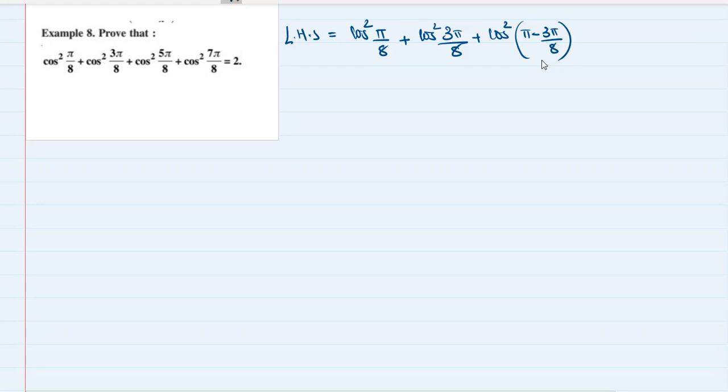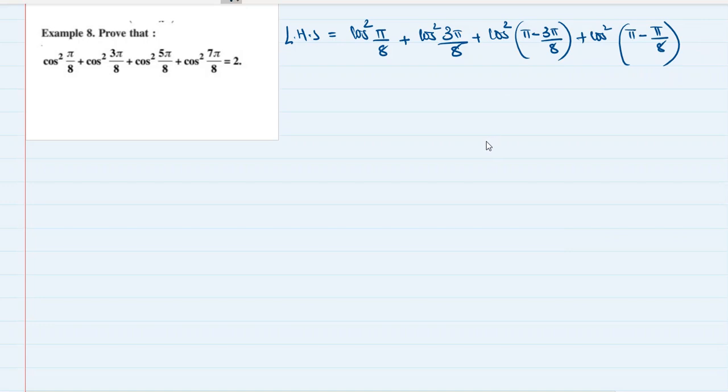Pi minus 3 pi by 8 is nothing but 5 pi by 8. Also 7 pi by 8 can be written as cos square of pi minus pi by 8. So this one small change we are doing.